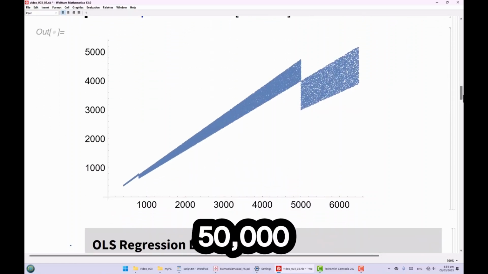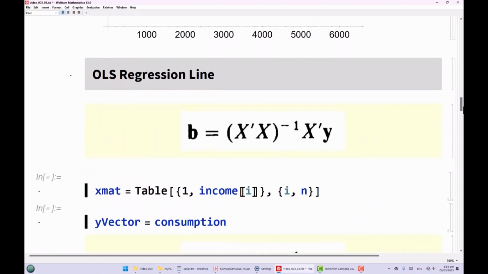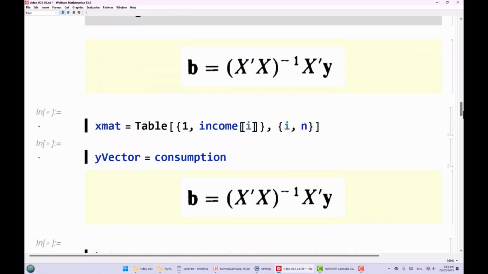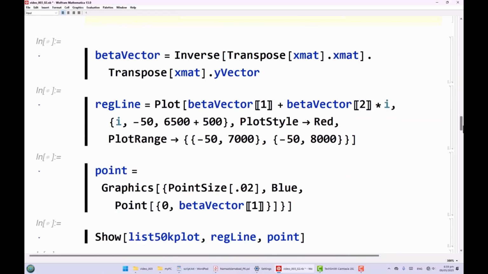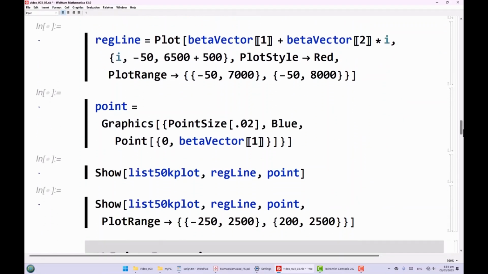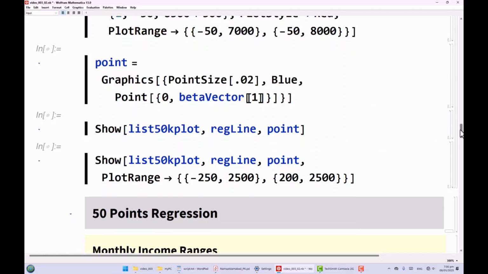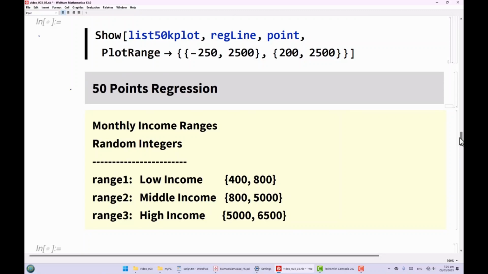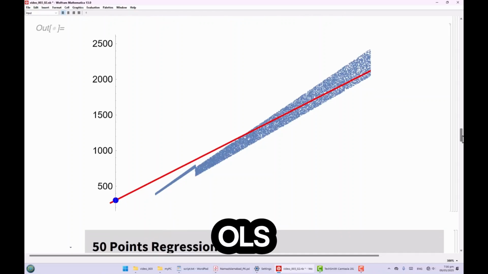Scatter plot of 50,000 monthly income consumption pairs. And scatter with OLS best line.